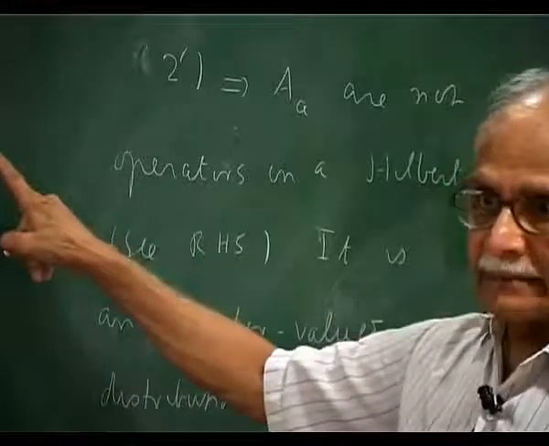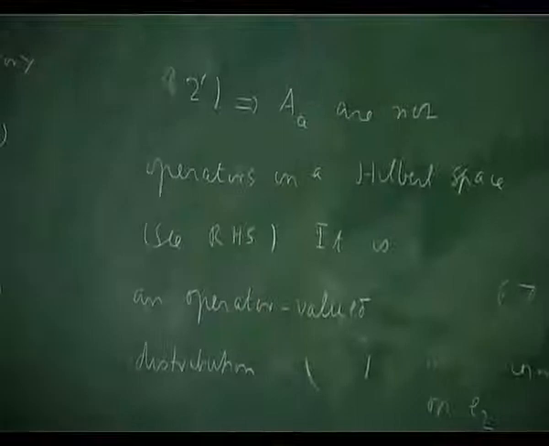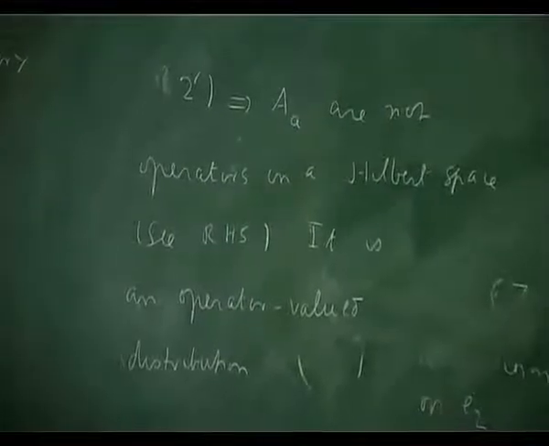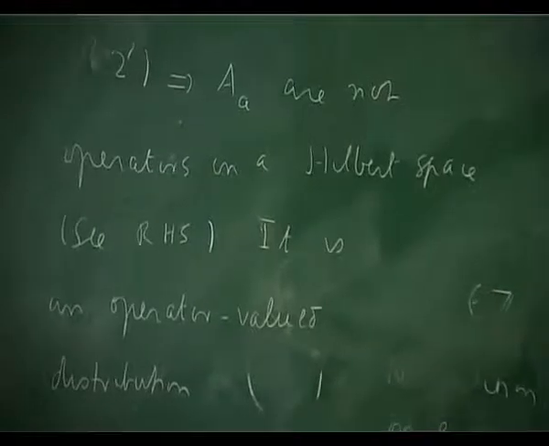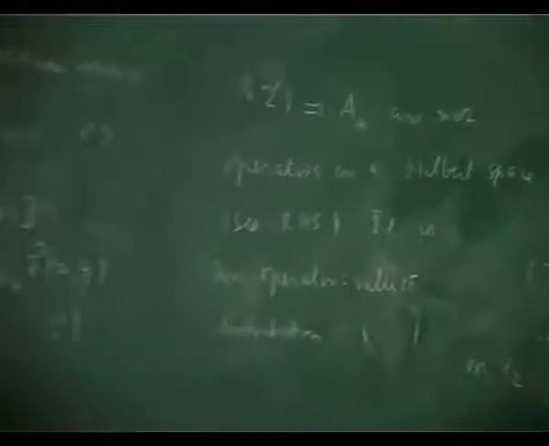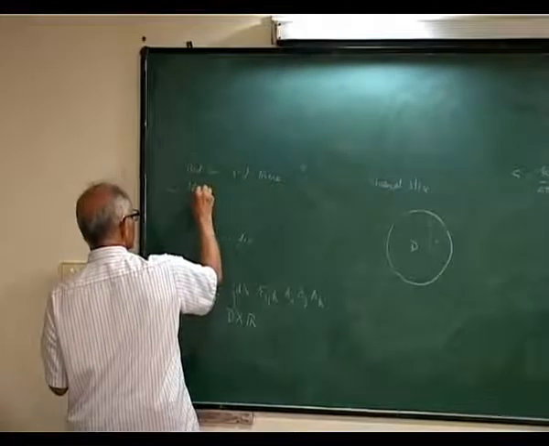So I go back to 1 prime. 1 prime involves a derivative. But in 1 prime there are derivatives of distributions.